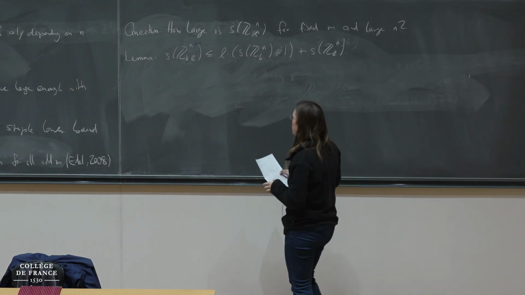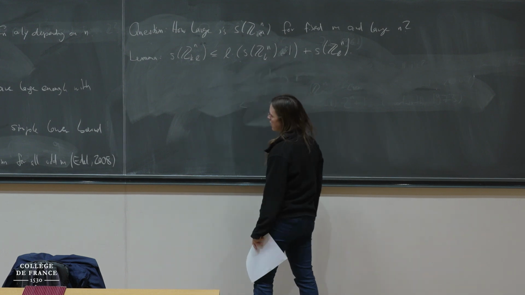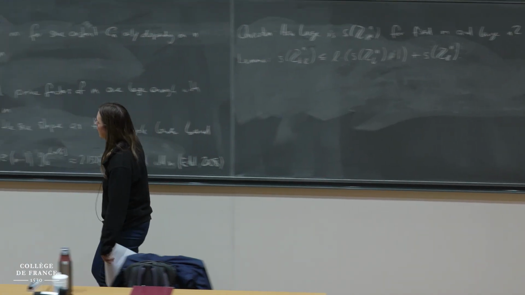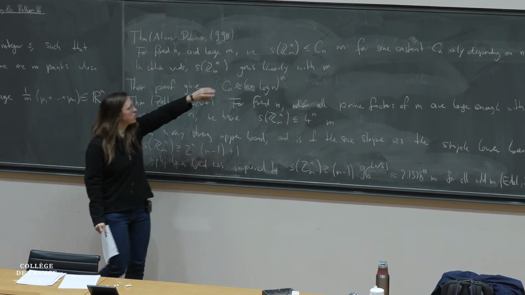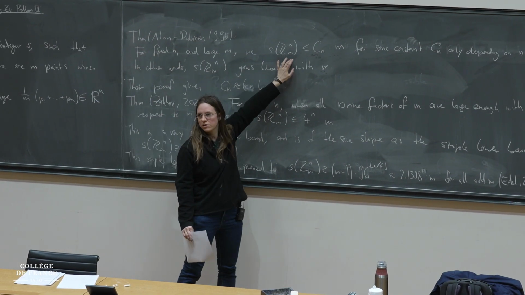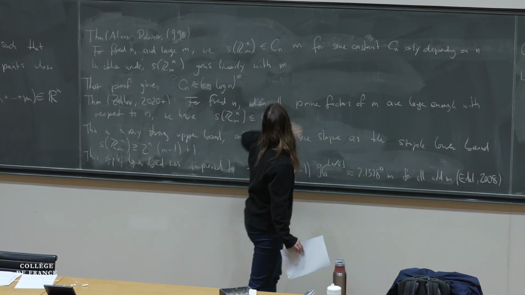It's helpful in order to reduce to the case that M is a prime, but also in the proof of Alon and Dubiner, they first use that lemma to reduce to the case that M is a prime, and then plugging that back in, you get it for all M.